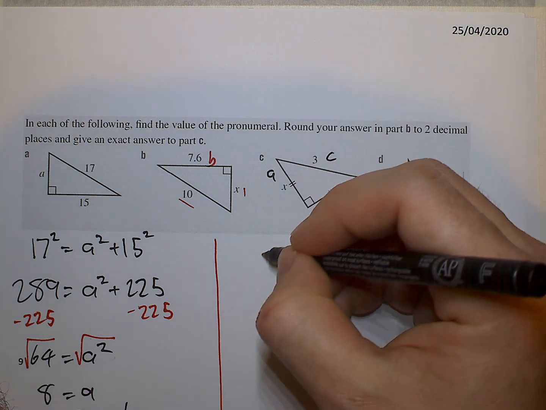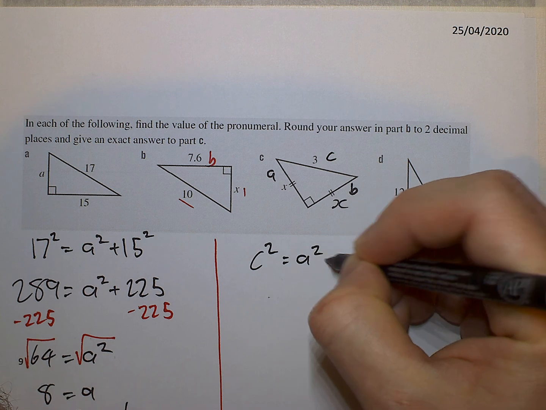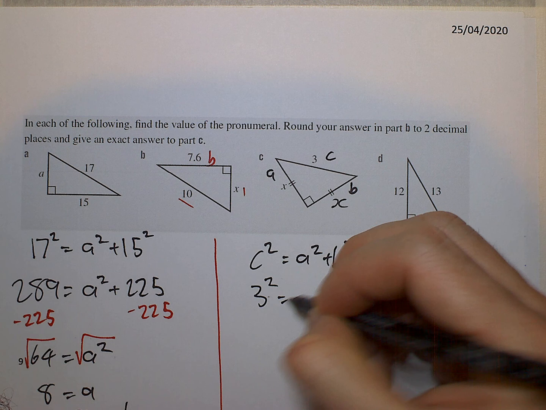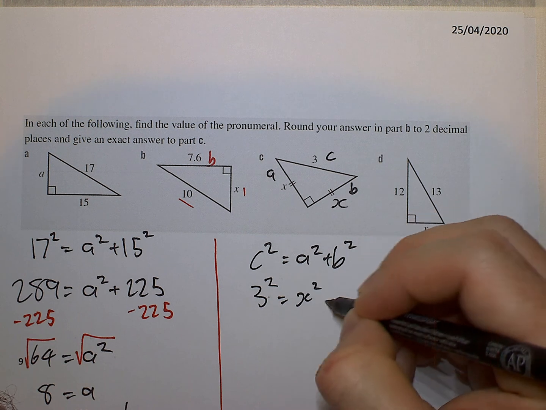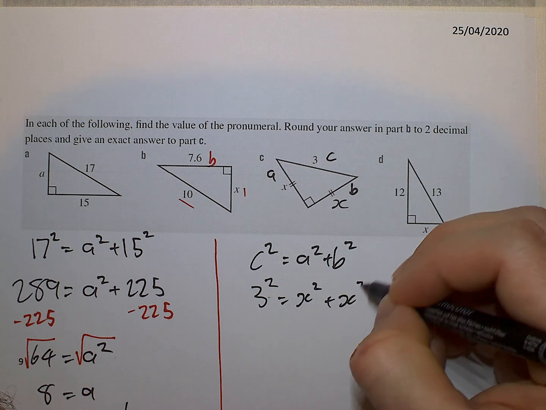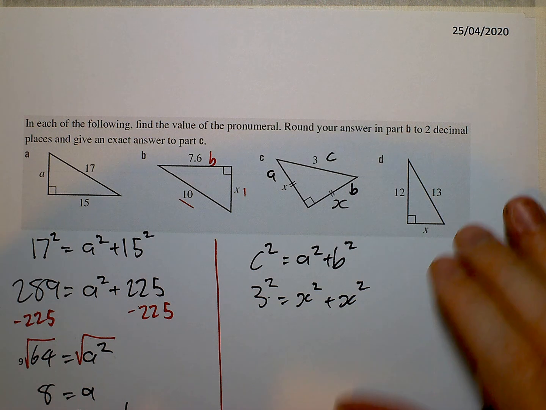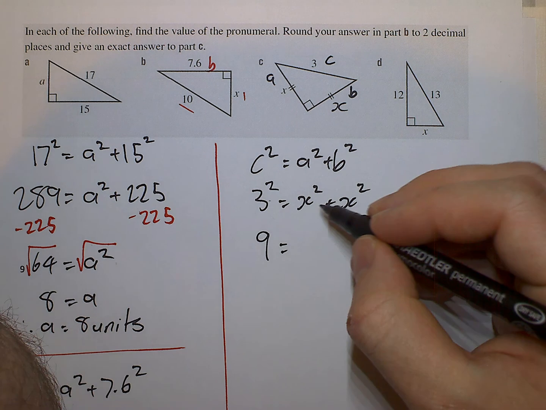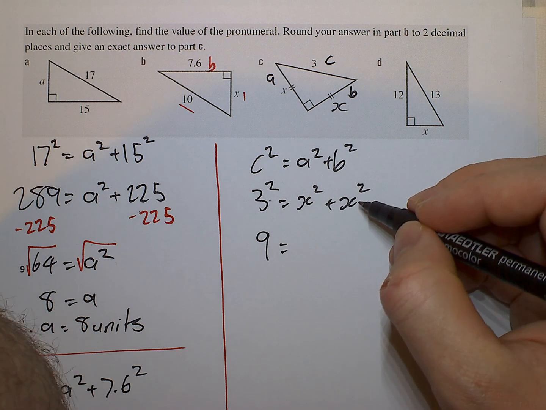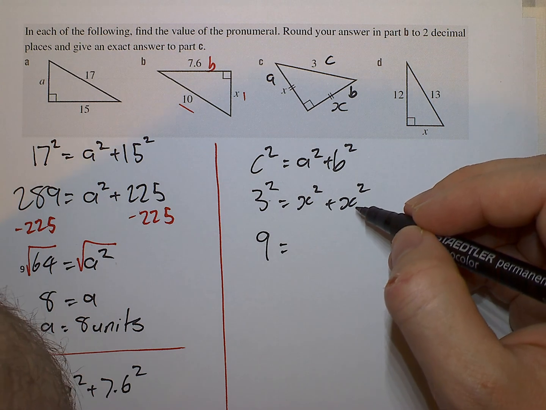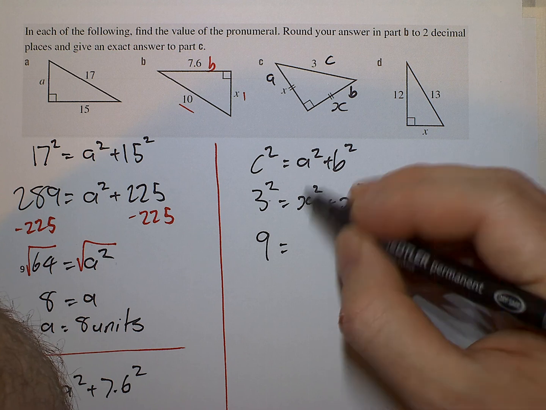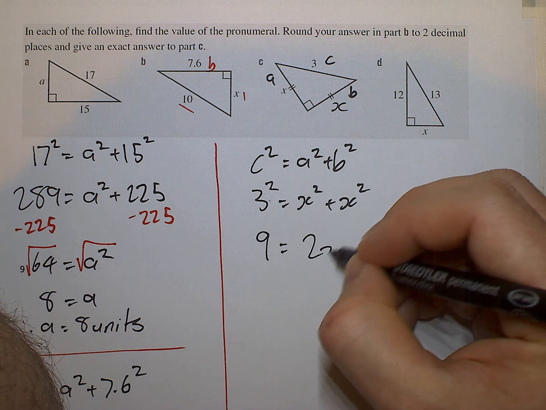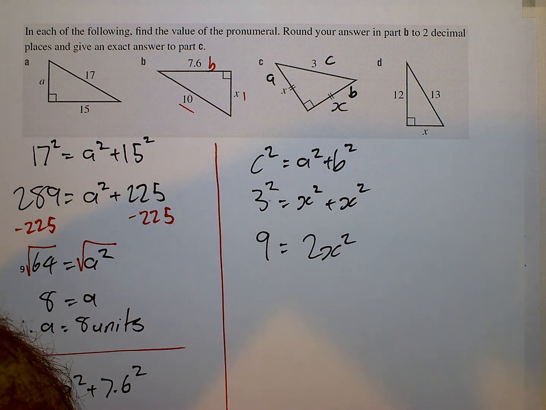So if we do our c squared equals a squared plus b squared, and we replace our c with 3 squared, our a with x squared, and our b with x squared, and then we actually compute the 3 squared, which is 9, and we're like, well, x squared plus x squared, that's just 2x squared, because you've got two of them. They are like terms because they match, because they're x's and they've got squares in them. So this becomes 2x squared.